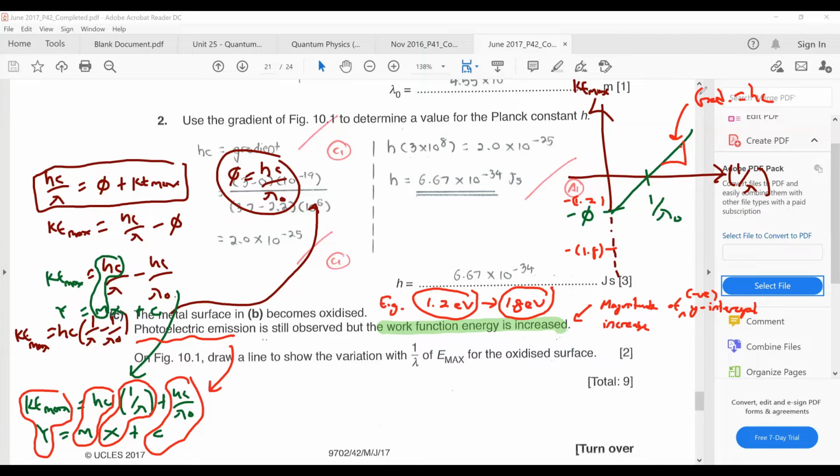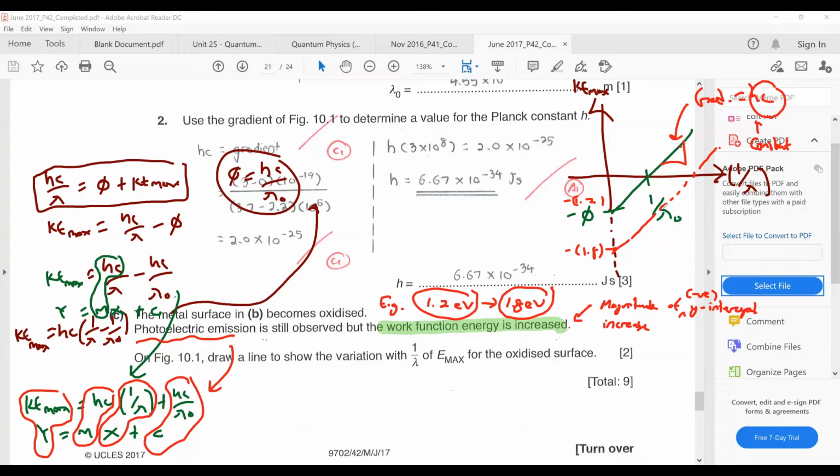Your gradient here is the product of two constants. h is a constant, c is a constant. Your gradient is constant, right? So for the case where your metal surface is now oxidized, it will follow the same equation. The gradient will still be hc, the gradient did not change at all. So you will get a parallel line with the same gradient.